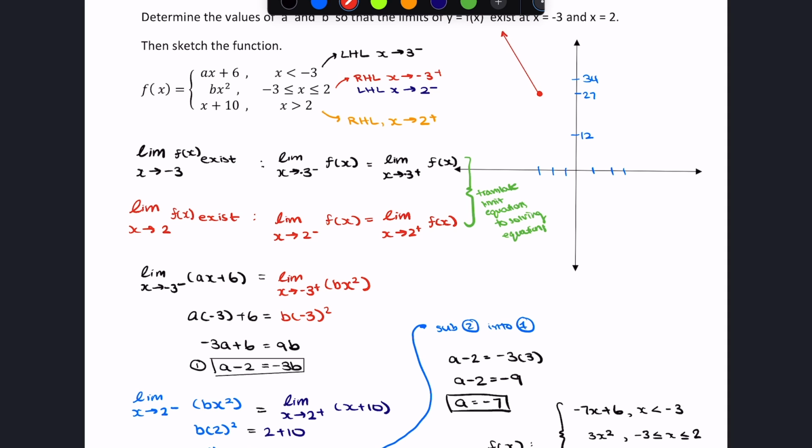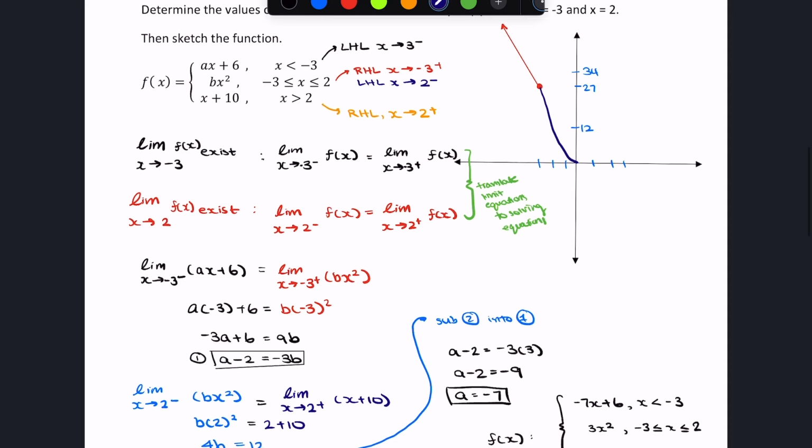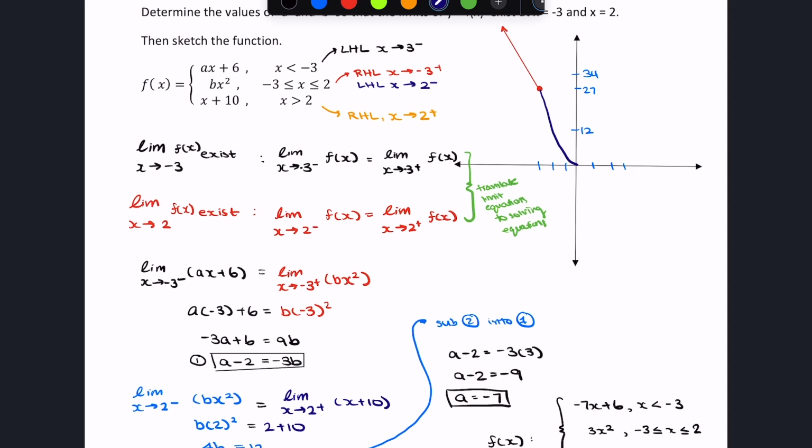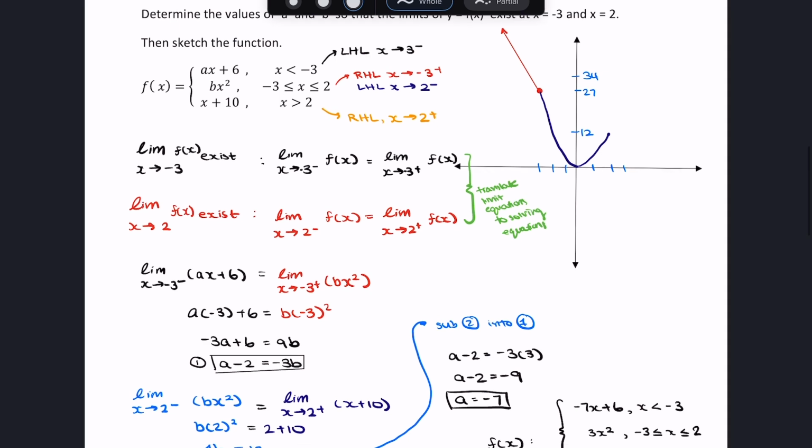Then here we have a parabola with our 3x squared. That goes to 0, 0. And if we sub in the value of 2 here, it'll be at 12. So we stop right here at 2 and 12. And then we have x plus 10, so it'll continue with a line this way.